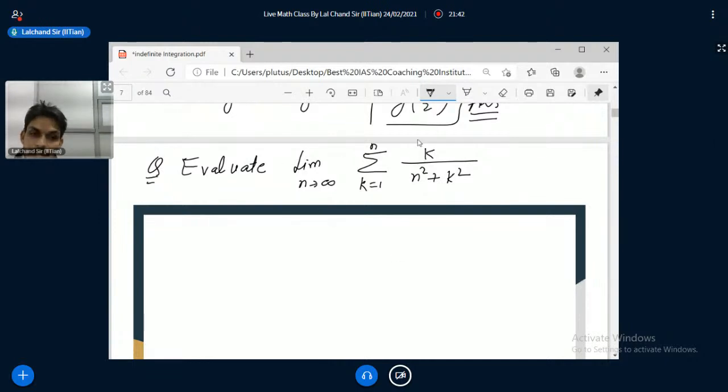Using the same approach, limit as a sum, can you calculate this? Try to calculate this.